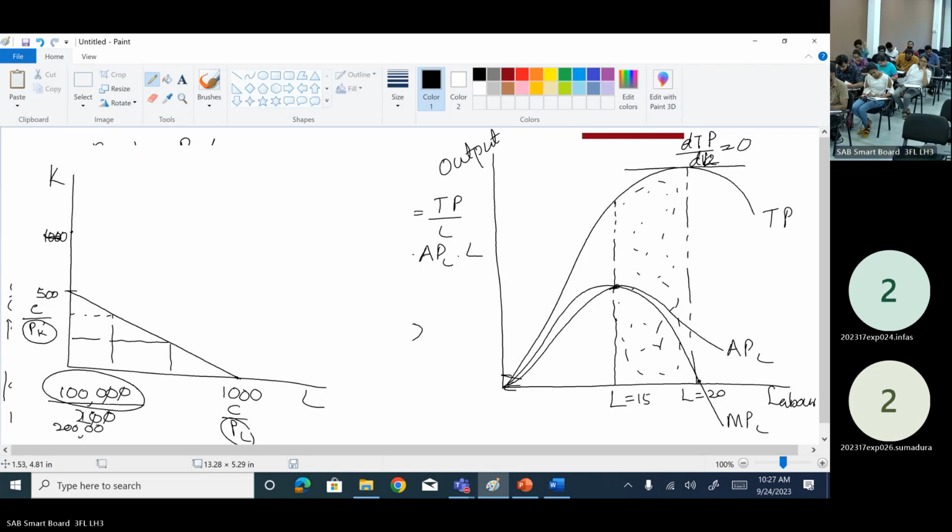Then 200,000 divided by 100 means 2,000 units of labor, and capital increases as well.